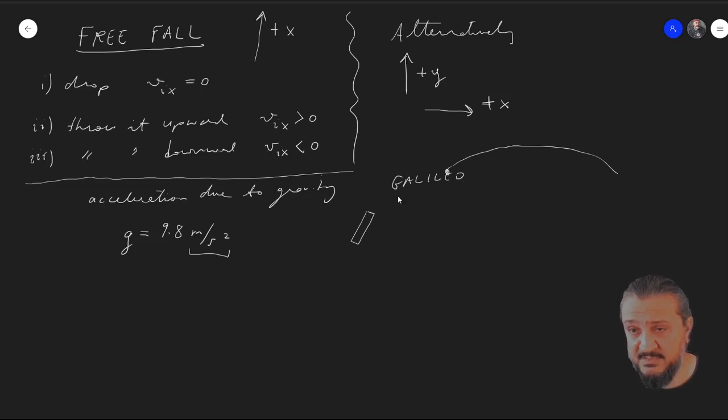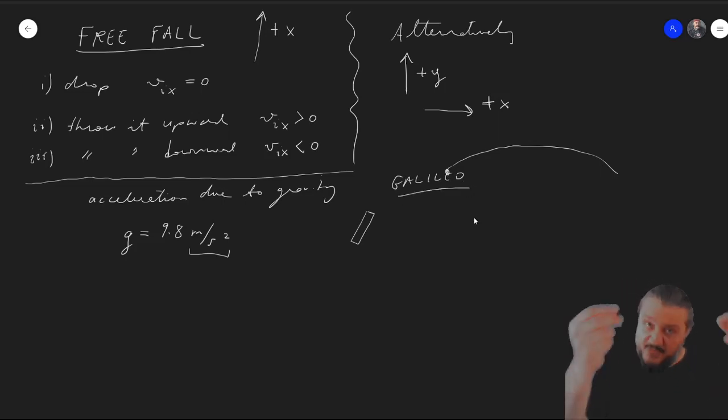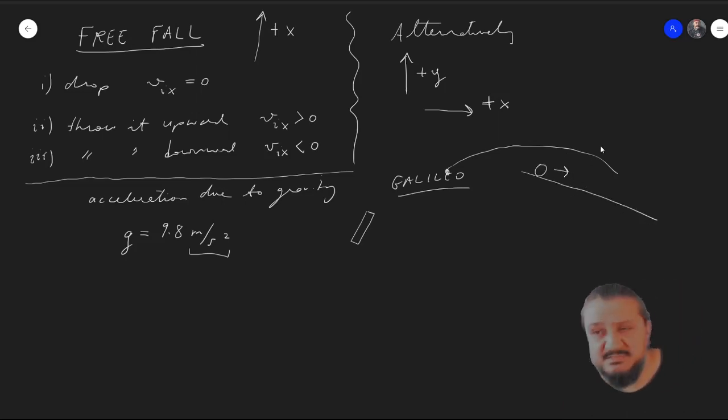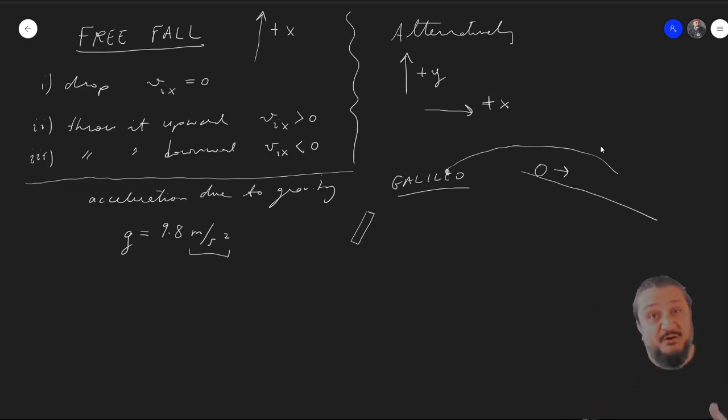He did the experiments. He tried dropping them directly, and then he tried rolling them along an inclined plane. Why? Because this was easier to observe. Things fall really fast, right? You may not have accurate measurement.